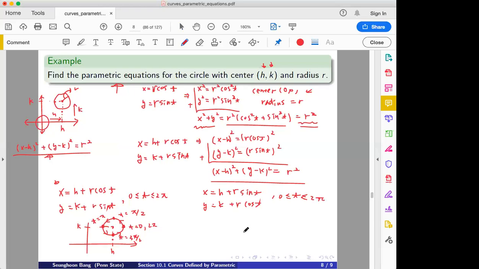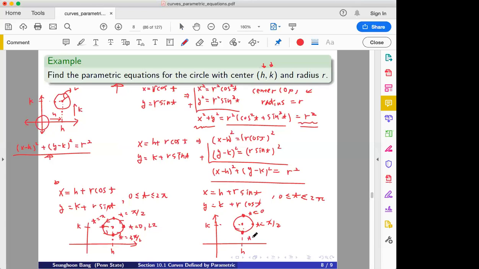What's the graph? The graph is the same. This is h. This is k. What's the difference? Only here. The t value equal to 0, this point. t equals pi over 2, this point.